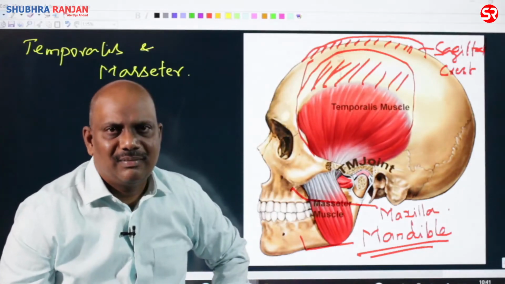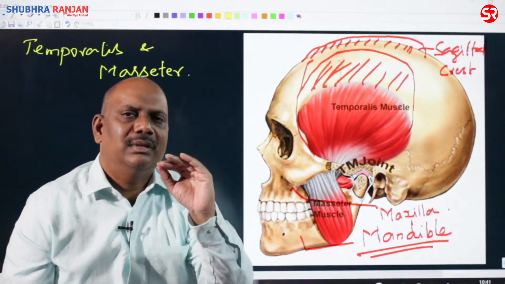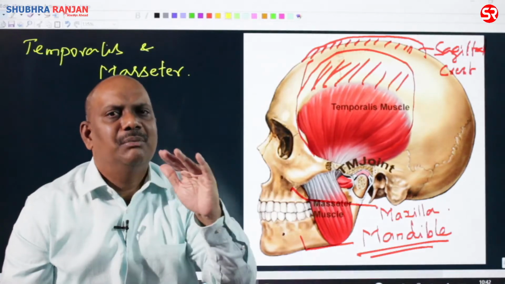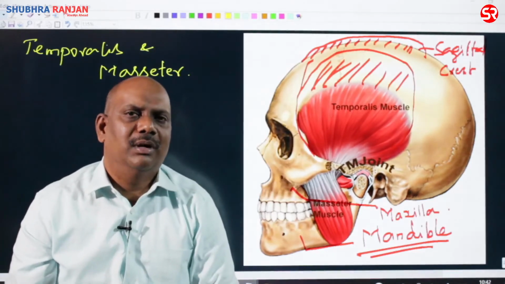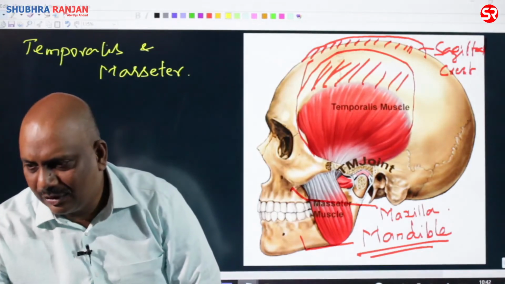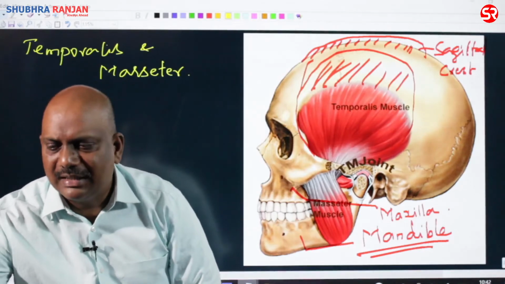So in the course of evolution, the sagittal crest also became thinner and smaller, and it is almost absent among modern human beings. Got it? Okay. So you should be comfortable with the term sagittal crest.